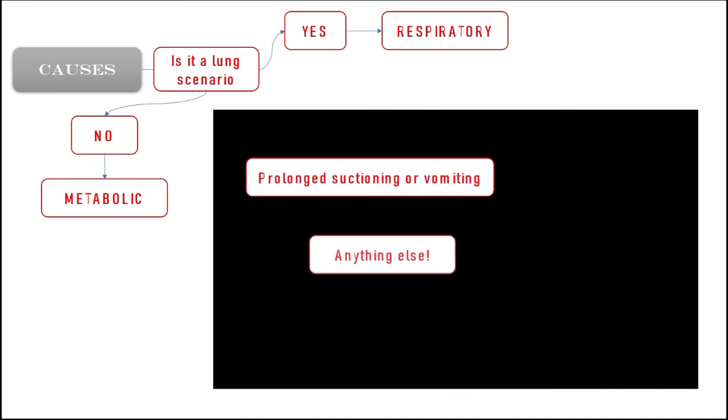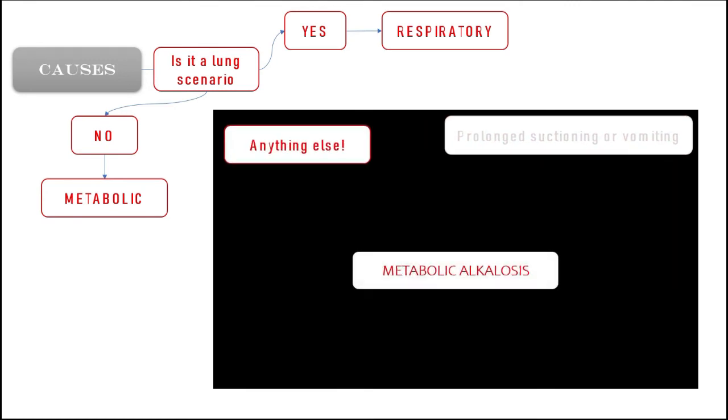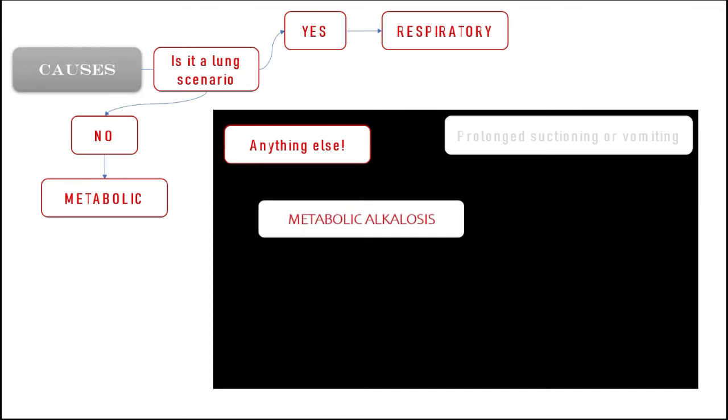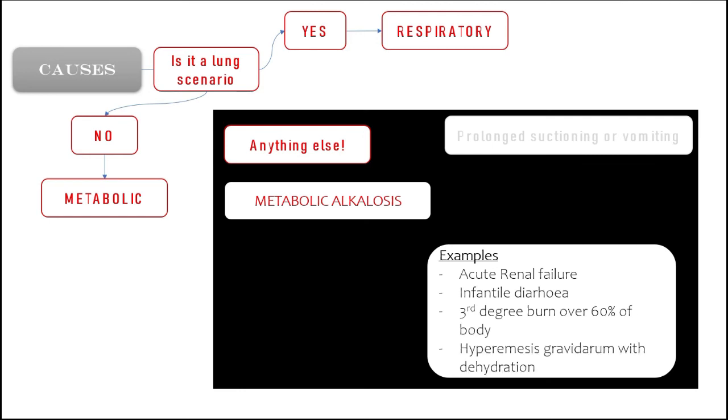The other cause, anything else, basically refers to any disease process that causes retention of acid or loss of bicarbonate in the system, which leads to metabolic acidosis. Examples include acute renal failure, infantile diarrhea, third-degree burns over 60% of the body, and hyperemesis gravidarum with dehydration.